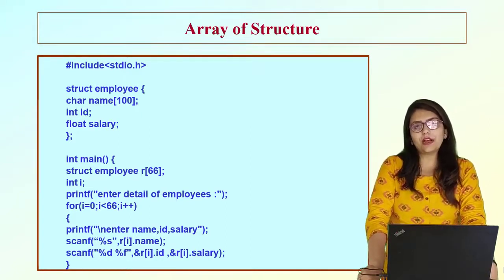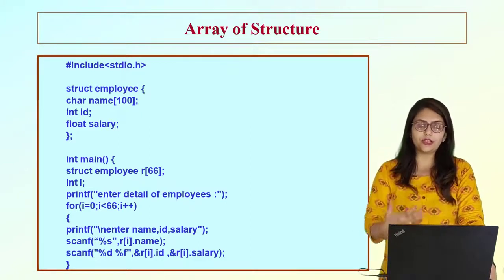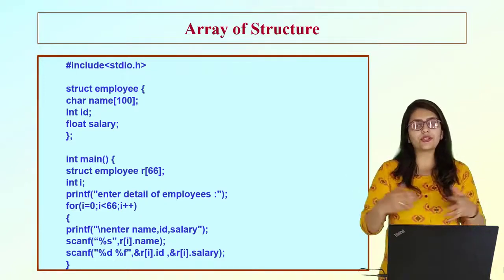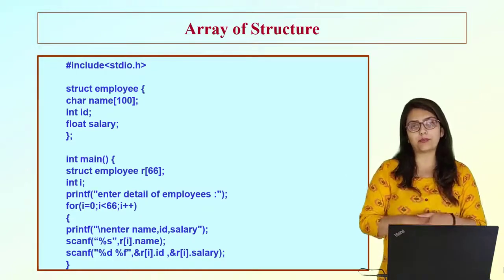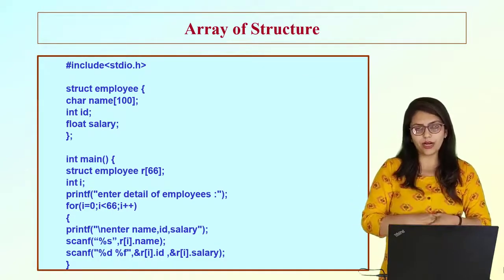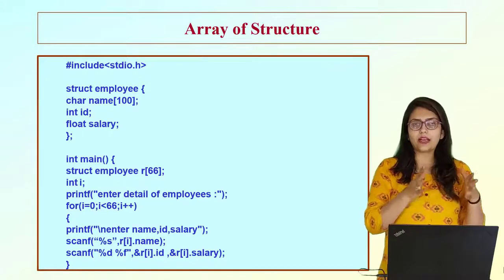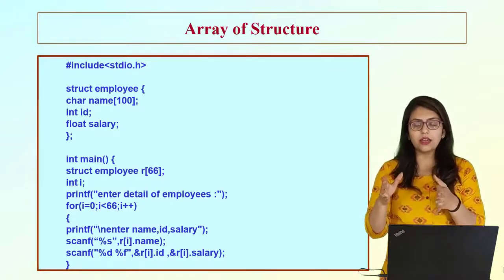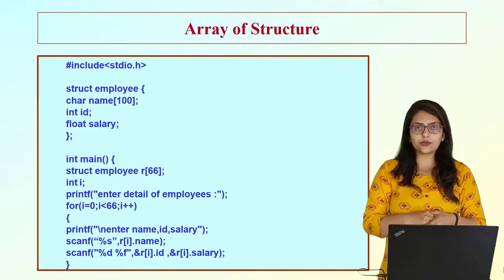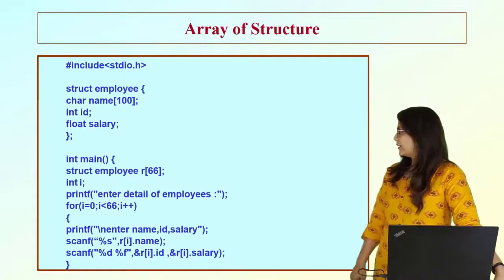Now we know that in one particular organization there may be so many employees. I am assuming that in my virtual organization there are 66 employees, and I want to add details of each of these employees, right? So each of these employees may have their ID, their salary, their name, different names.